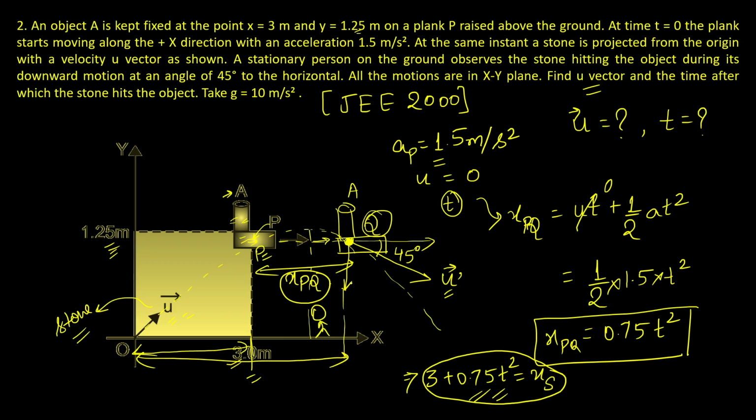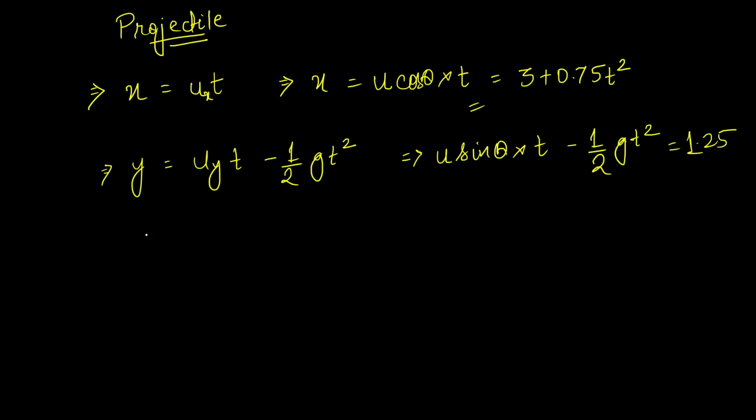Now the third thing which we can write is related to this 45-degree angle, because it is given that the stone hits the object during its downward motion at an angle of 45 degrees to the horizontal. So I can write that by using v is equal to u plus at in the y direction. So vy, we need to find vy, and that is equal to uy.